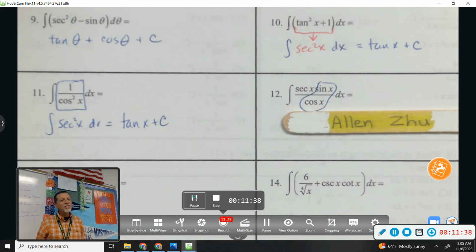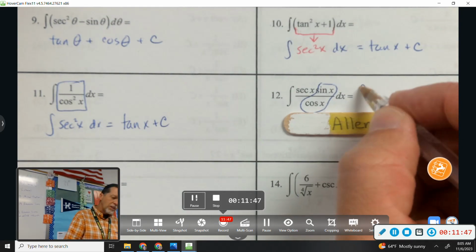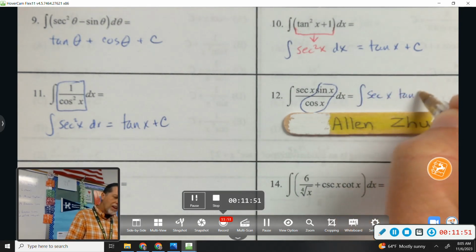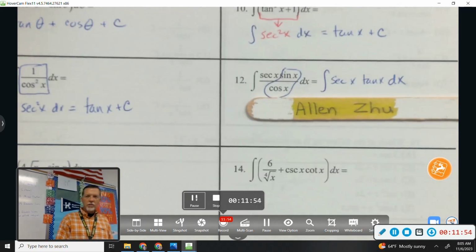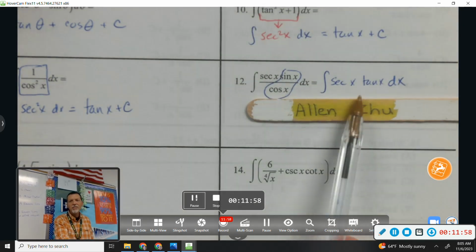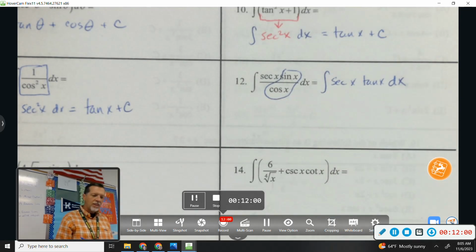Yeah, 12 is a little trickier because you're like, well, how do I, who goes with who? How do I pair these up? But Alan, what's sine over cosine? I gave you a hint on this one. Sine over cosine is tangent of x. And then hopefully you've driven backwards enough to recognize, like, wait a minute, that's one of the ones I'm supposed to know. So Alan, what's the antiderivative of secant x tangent x?